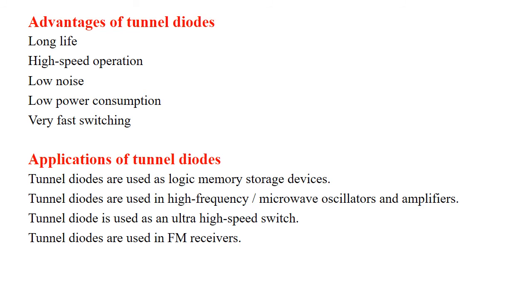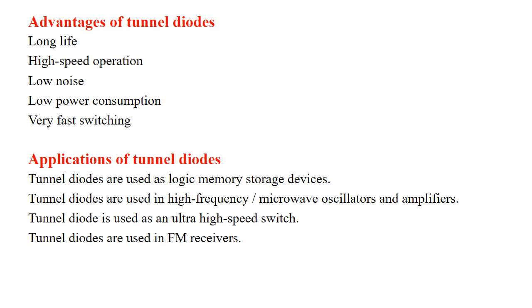Just now we have studied that the tunnel current takes place within a very short interval of time, and hence the speed of operation we can also increase by just applying a small forward voltage across the tunnel diode. Low noise, low power consumption, very small voltage is required, and very fast switching. So all these advantages of tunnel diodes are utilized for different applications.